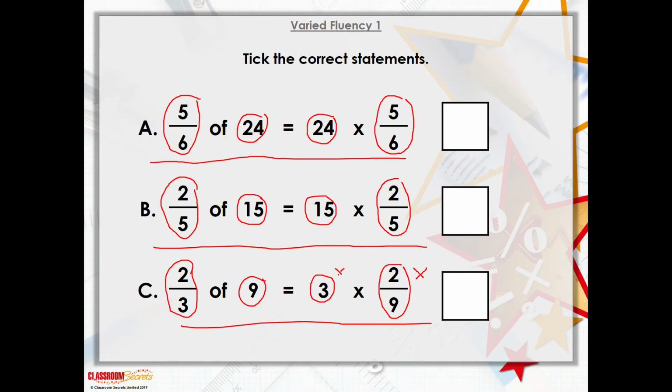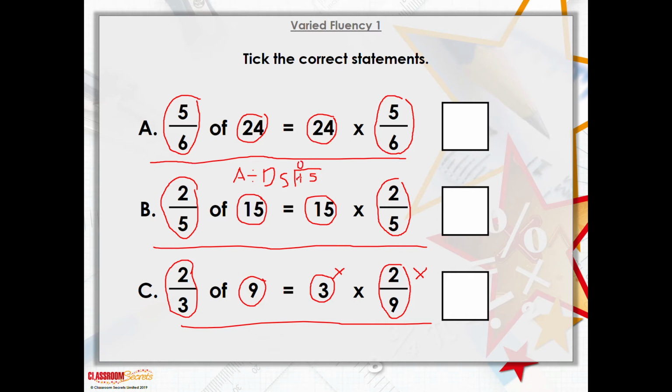Now, what I'm going to do is I'm going to look at B. And I'm going to go 2/5 of 15. So what I'm going to do is I'm going to apply my rule. So my amount is 15. I need to divide that by my denominator, which is 5. So 15 divided by 5, you can use a short division method, or you can apply your times tables rules and find out how many 5s are in 15. 5s into 1 goes 0.